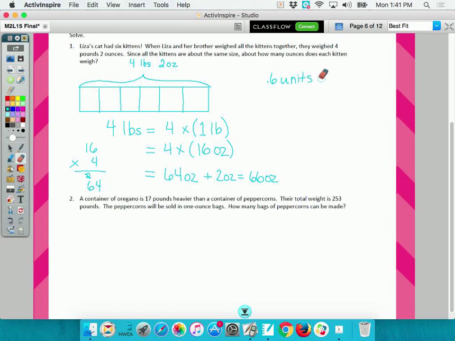Equals 66 ounces. So how do I figure out 1 unit, boys and girls? 11. Okay, what'd you do in your head? 66 divided by 6. Good. So 1 unit equals 11 ounces. Okay, if you didn't write that, you should write it now.